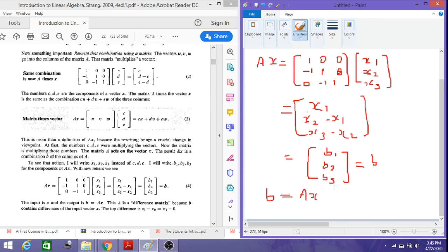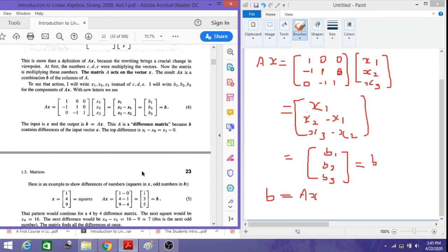This A is a difference matrix, because b contains the differences of the input vector x. In the final result it is x2 minus x1, x3 minus x2. Whereas in the top case there is only x1, which means we are subtracting x1 minus x0, which is equal to 0.